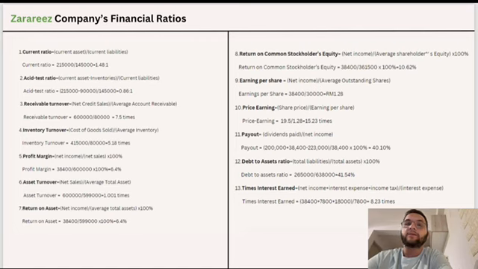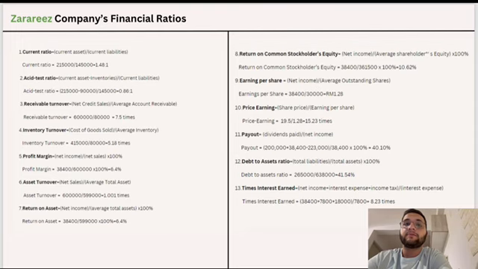A higher current ratio suggests that the company is well positioned to cover its short-term liabilities. Zara's quick ratio is 1.8. This excludes inventory from current assets, providing a stronger measure of liquidity. A quick ratio above 1 indicates that Zara's can meet its short-term obligations without relying on the sale of inventory.